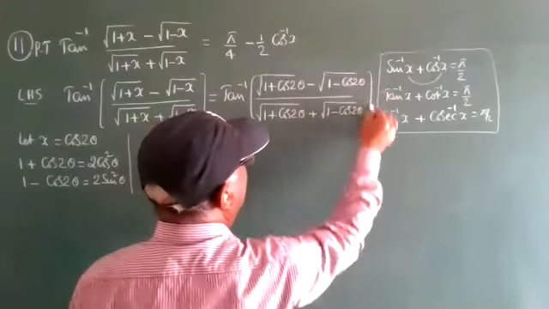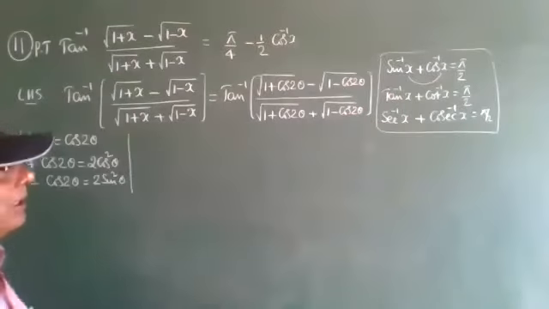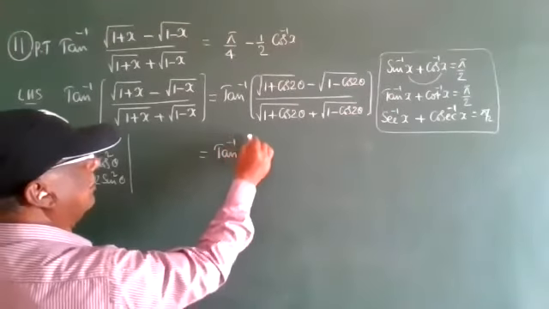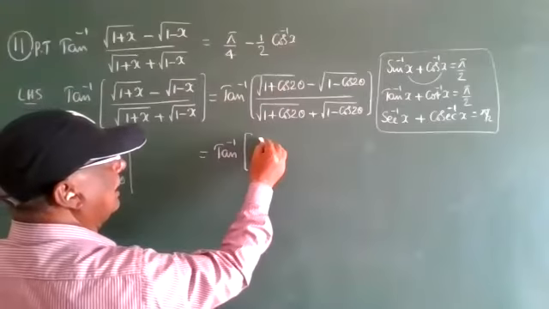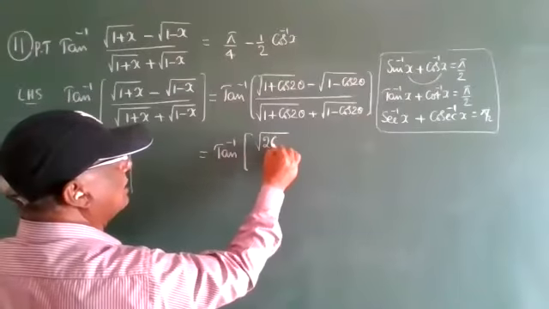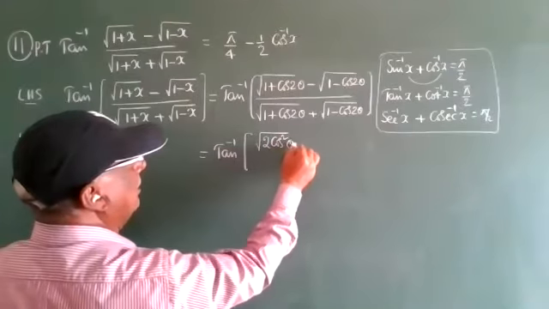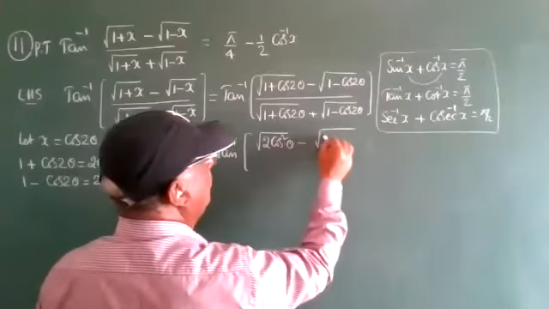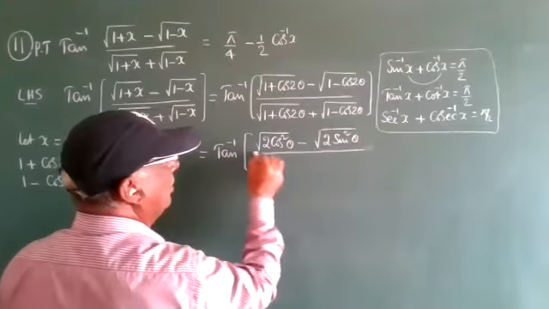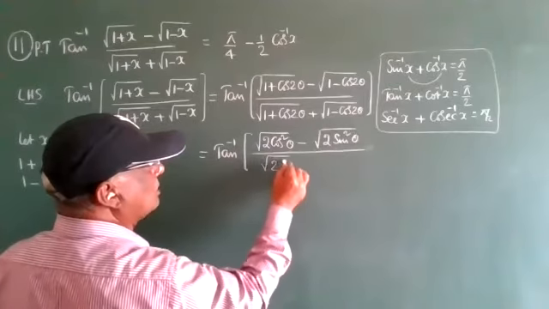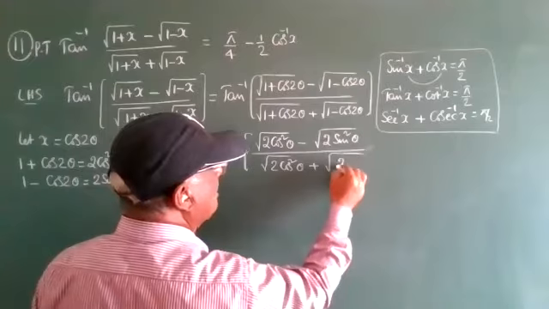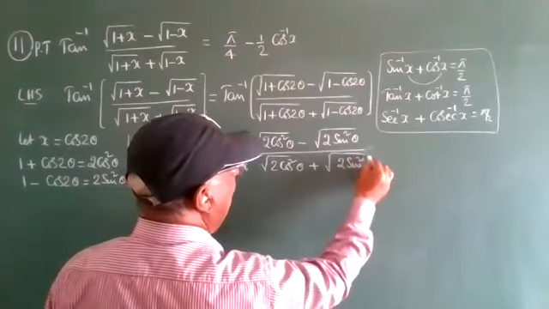Now write down tan inverse of (root of 2 cos square theta minus root of 2 sin square theta) by (root of 2 cos square theta plus root of 2 sin square theta).